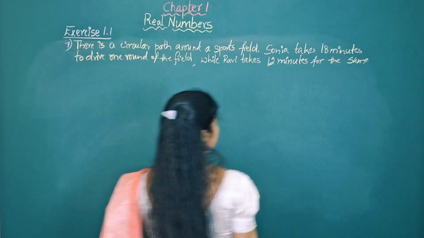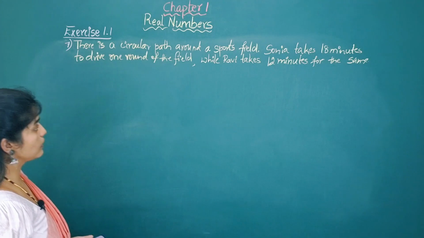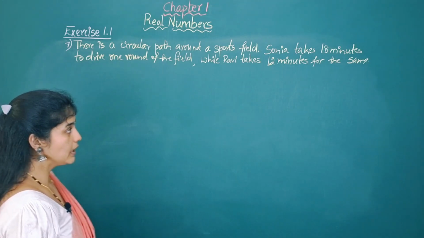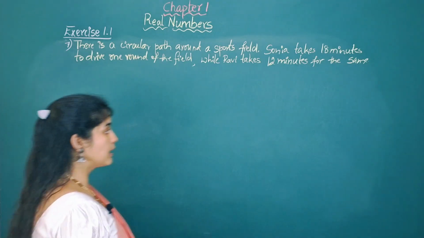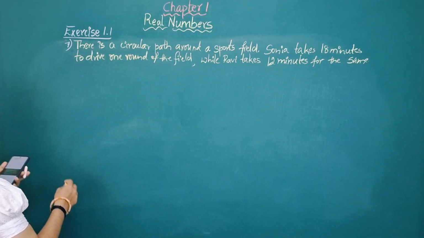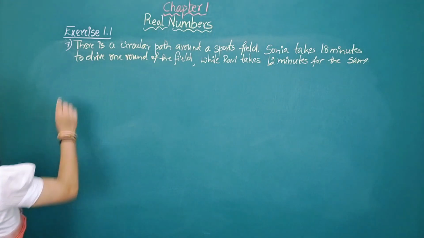So there is a circular path around this sports field. Sonia takes 18 minutes and Ravi takes 12 minutes to drive around the field.